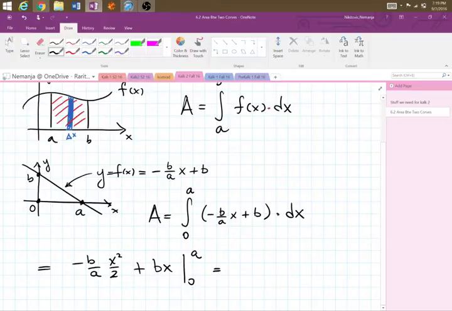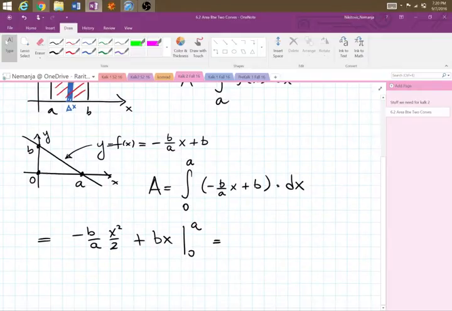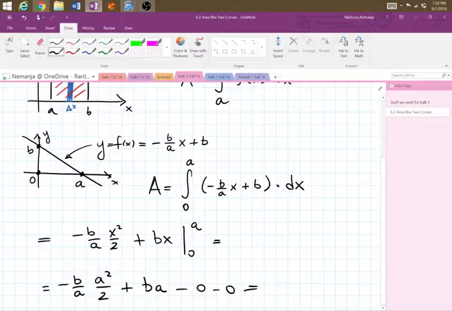The definite integral is computed by plugging in the upper limit first, in our case a, and then minus the lower limit, which is 0. Now 0 is going to kill everything, so we don't have to plug that one in. We have negative b over a times a squared over 2 plus ba, minus 0 if you plug in the lower limit.